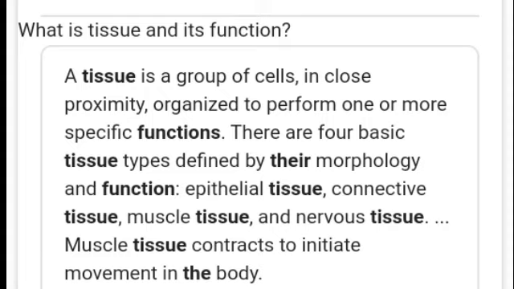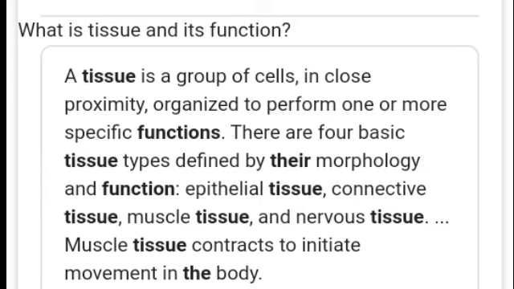In a multicellular organism with a higher degree of differentiation and specialization, cells group together to form a tissue. So a tissue is a group of cells similar in structure, origin and function. Guys, this is the definition of tissue. Please recite with me once again: a tissue represents a group of cells similar in structure, origin and function.